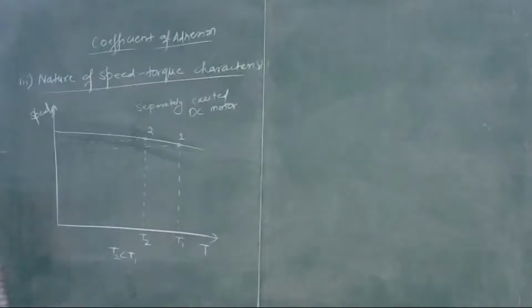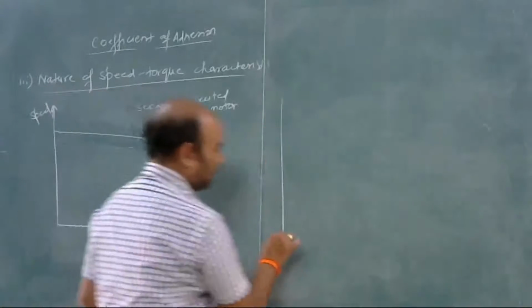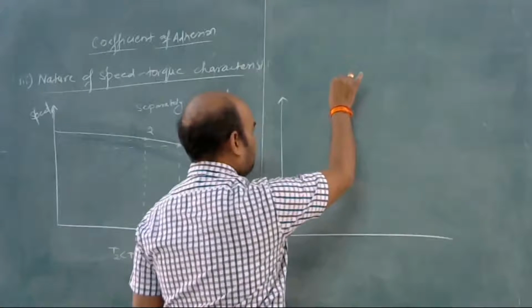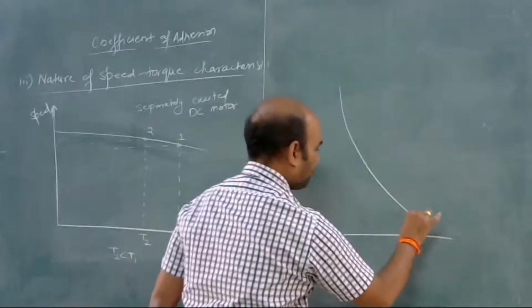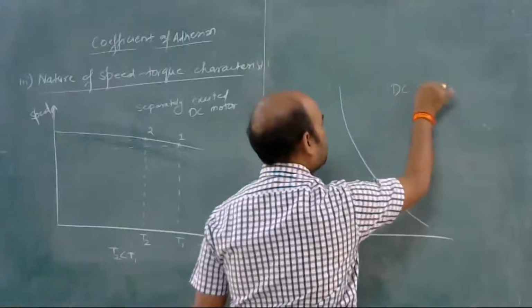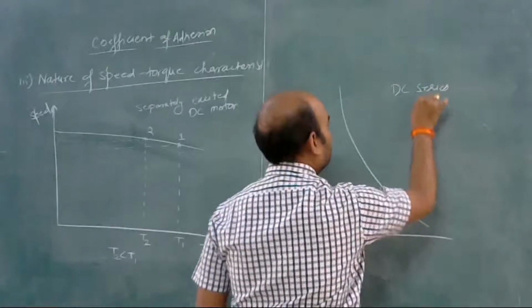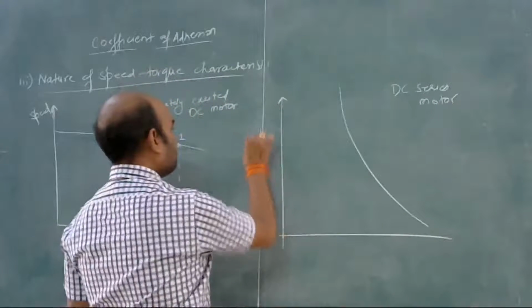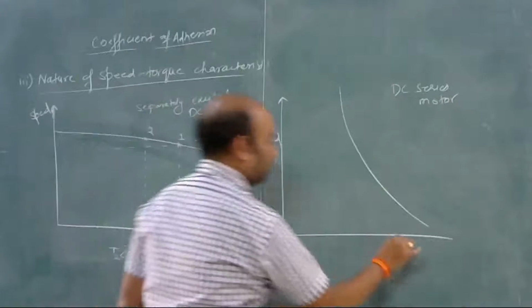Okay, and if we consider another speed torque characteristic, somewhat like this. Okay, so this is the characteristic of a DC series motor. So this is speed and torque.